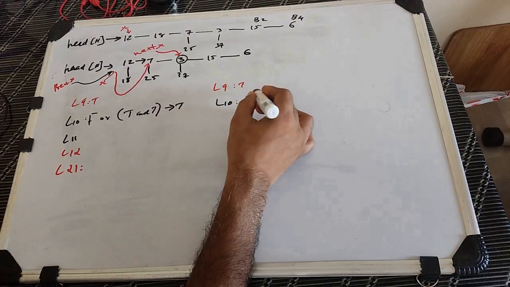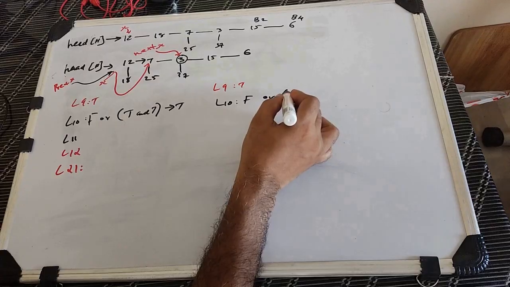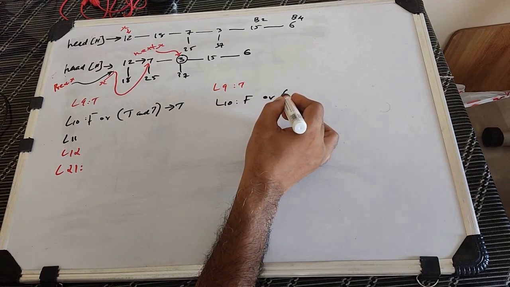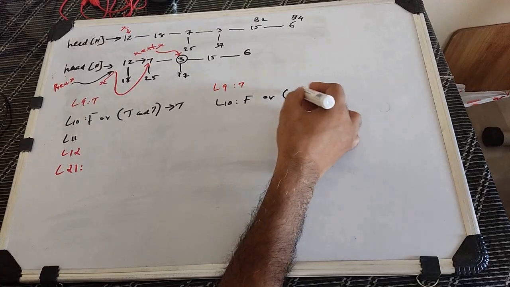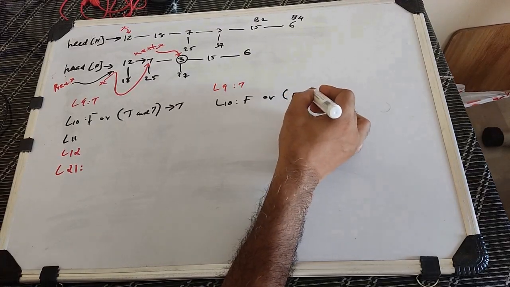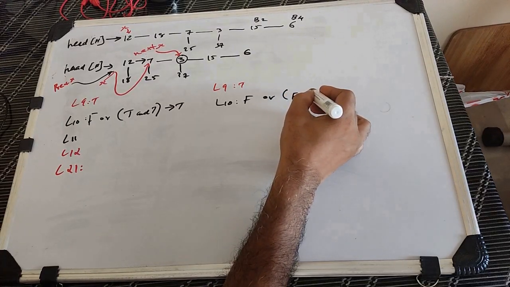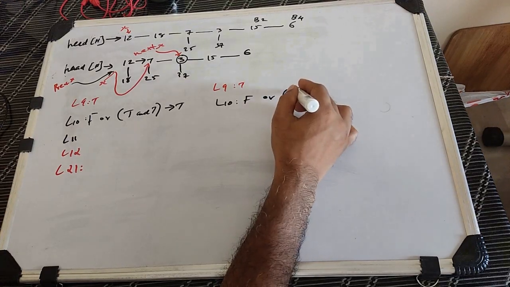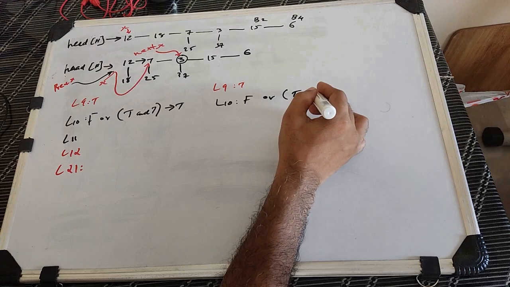Then sibling of next x not equal to null: sibling of next x is there, so it is true.